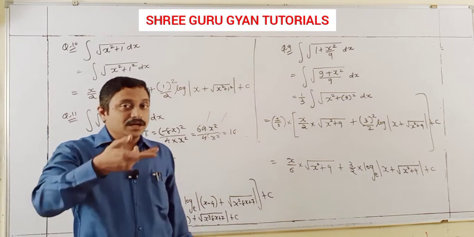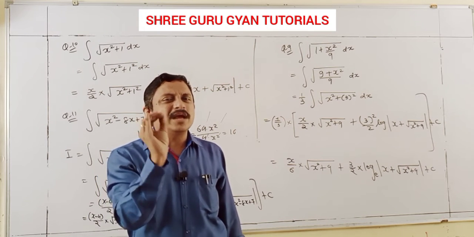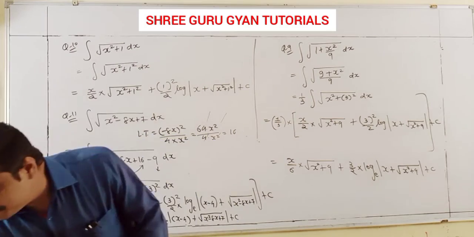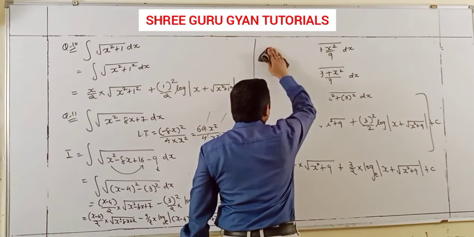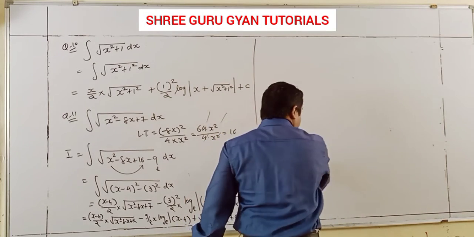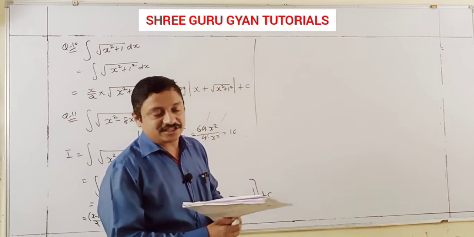Now students, next questions are 12, 13 and 14, which are very big questions, and one topic is slightly changed here. So I start the new topic with question number 12. Yes, you already know this topic from the MN method, but here there is a slight change in this part.